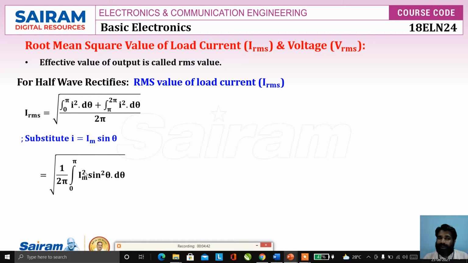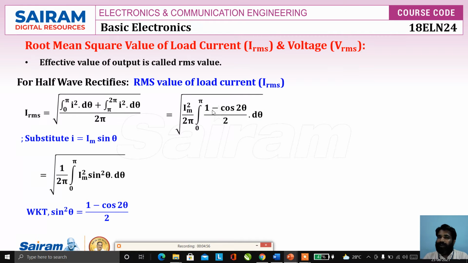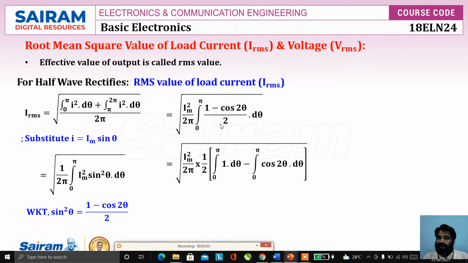So here Im squared sin squared theta d theta. Again we know sin squared theta is equal to 1 minus cos 2 theta by 2. Substitute this. Take Im squared, a constant, outside the integration. You can take 1 by 2 outside the integration.